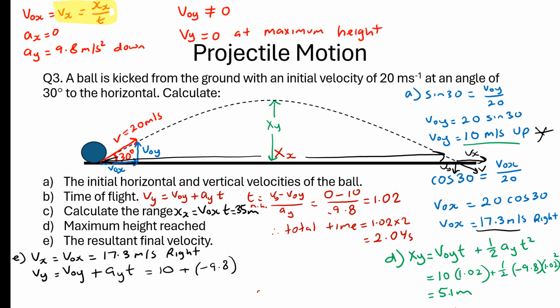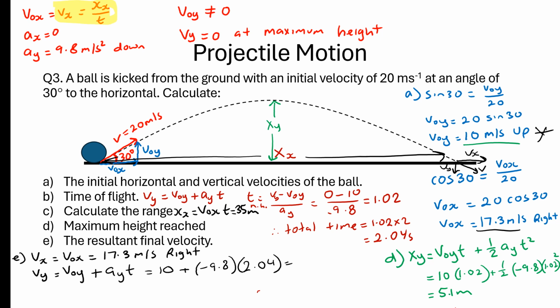So it took 1.02 seconds to reach the maximum height. So it took 2.04 seconds to reach the ground level, to come back to the horizontal. Because I want to find Vy just before it hits the ground, we have to use the total time, which is 2.04.